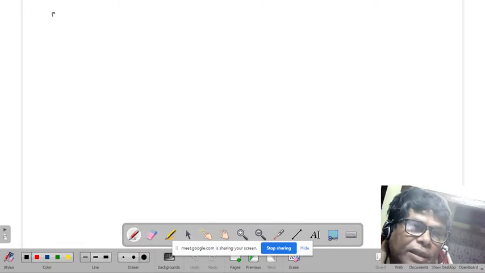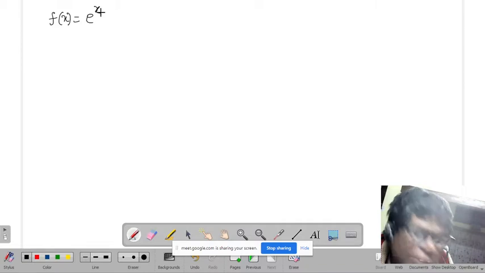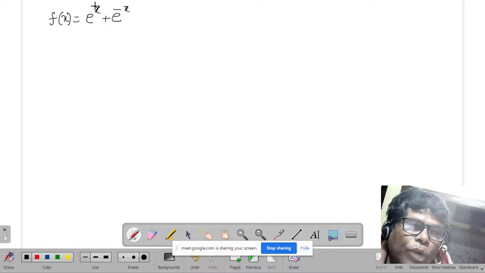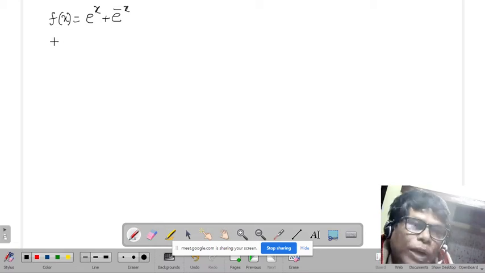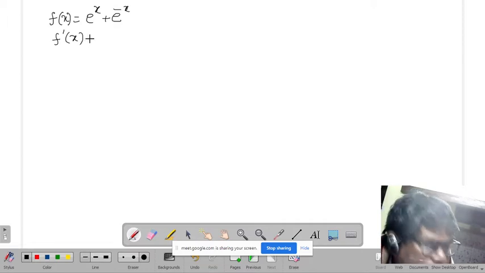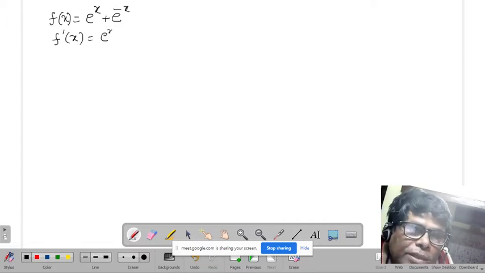f(x) is equal to e to the power x plus e to the power minus x. Now you are all familiar, if this is divided by 2 then it is cosh x. Okay, so what is f dash x? e to the power x minus e to the power minus x.